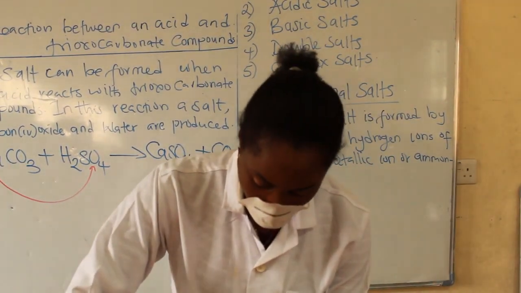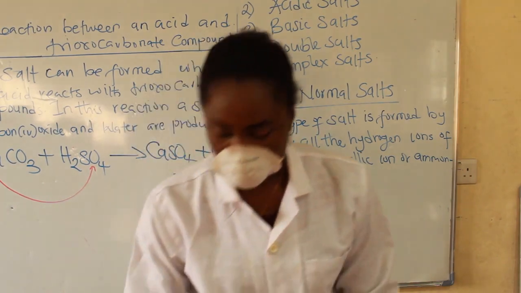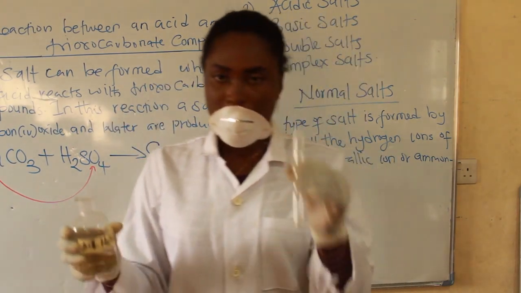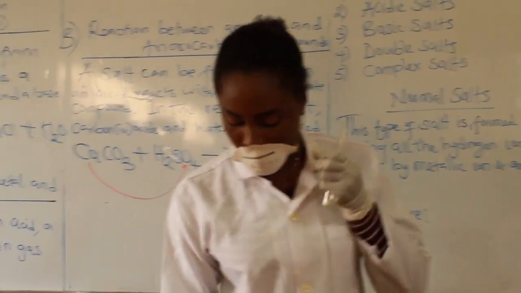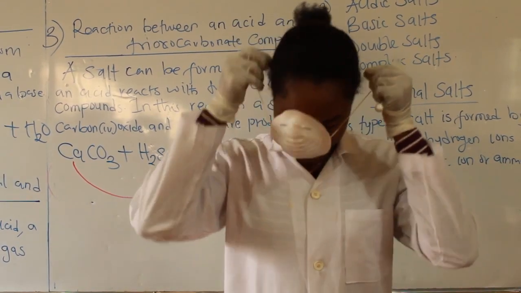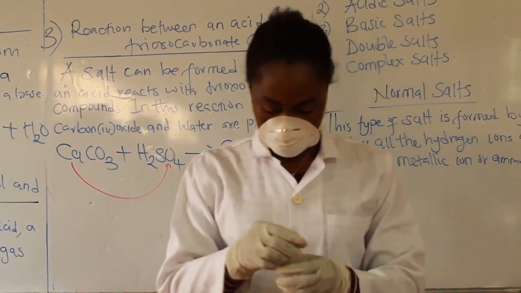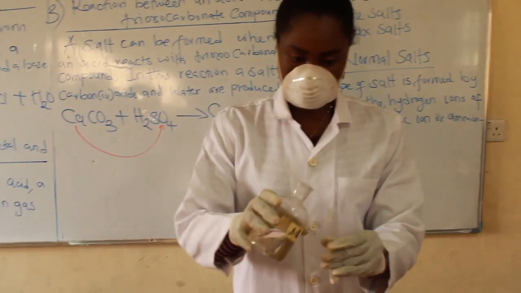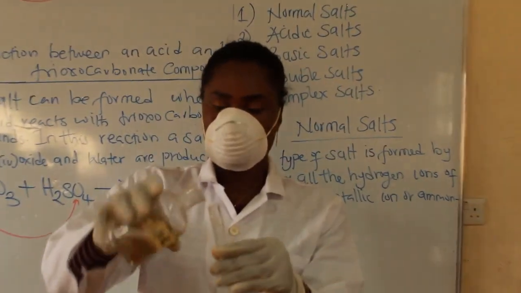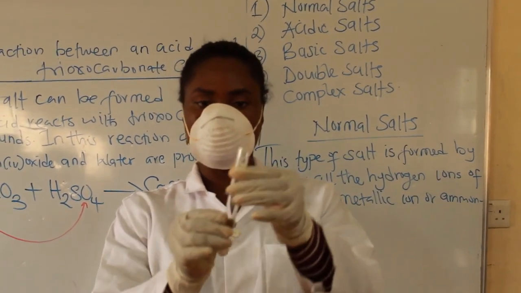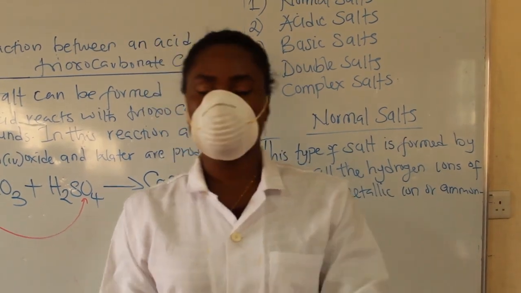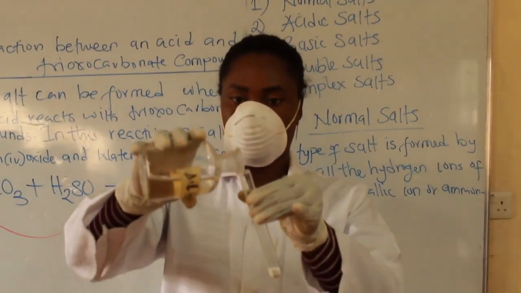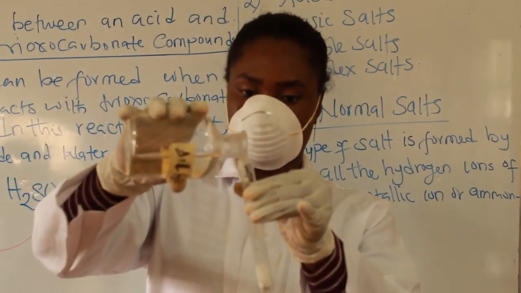So this is our H2SO4 and calcium carbonate. Now this tool, I hope you can see very well. What you need to do for me is just observe what is happening here. I'm going to put this.